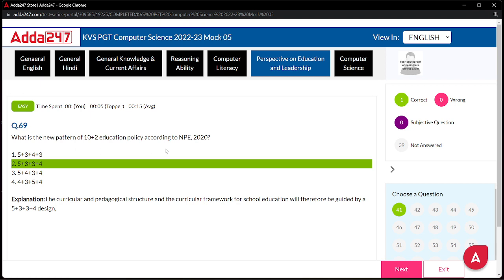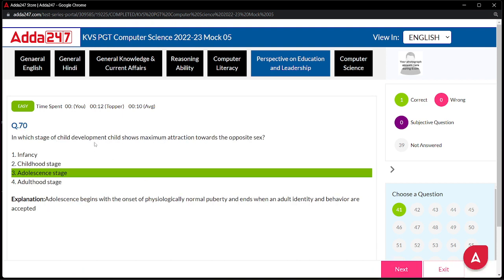Next, a question related to NEP 2020. We know the new pattern replacing 10 plus 2 education is 5 plus 3 plus 3 plus 4. Next, in which stage of development does a child show maximum attraction toward the opposite sex?